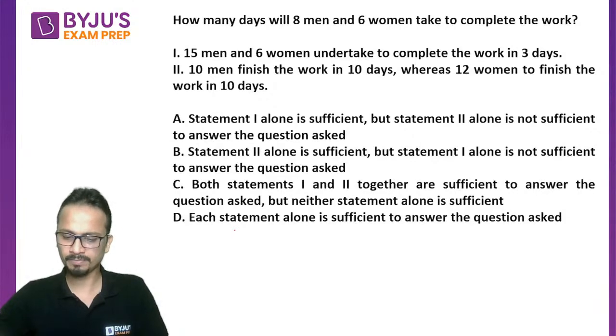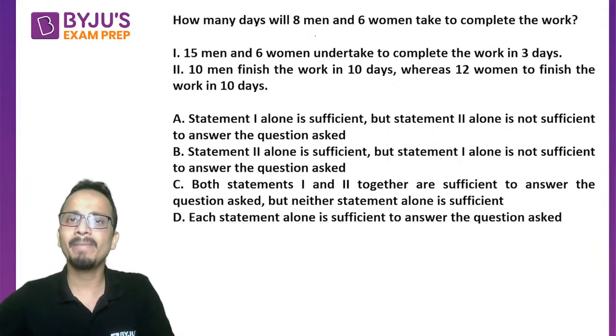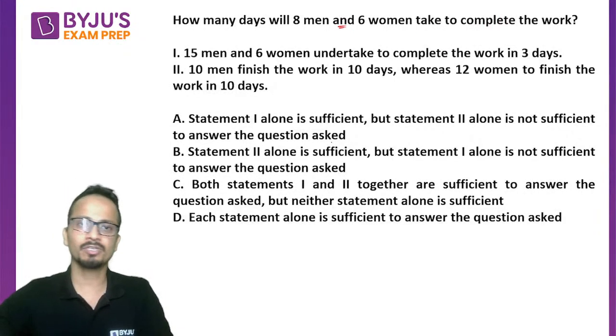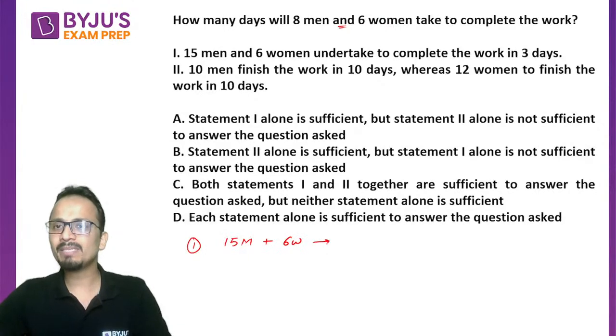All right. Now, some of you are correct. How many days will 8 men and 6 women take to complete the piece of work? Statement number 1 says 15 men and 6 women complete the piece of work in 3 days.